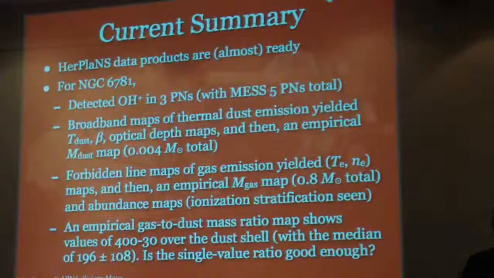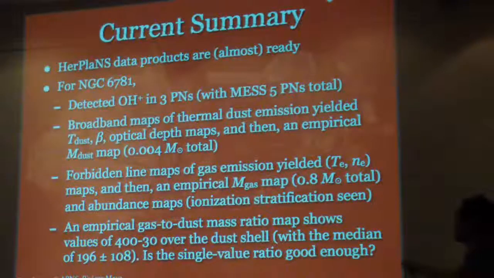From the line observations, we make line maps, take line ratios, and so forth, and then we obtain the empirical gas distribution maps. That ended up at about 0.8 solar mass of gas, and if you compare these two, it's about a 200 gas to dust mass ratio, and that's for the whole volume.